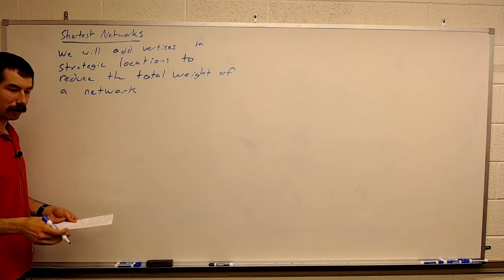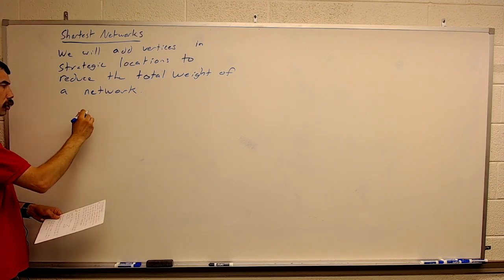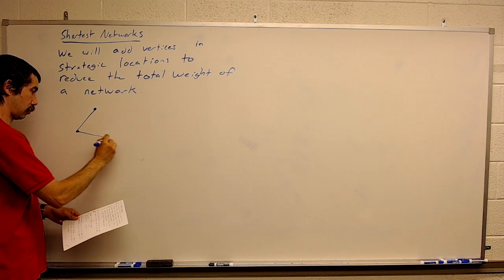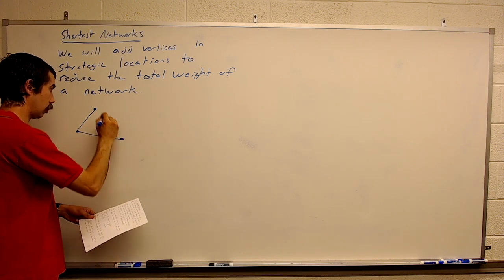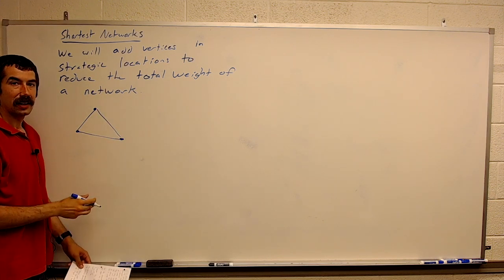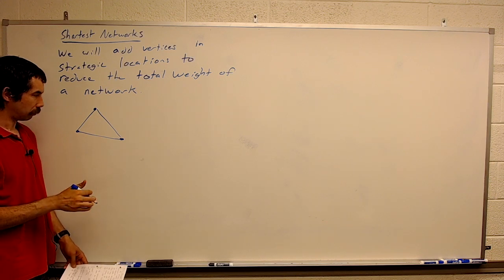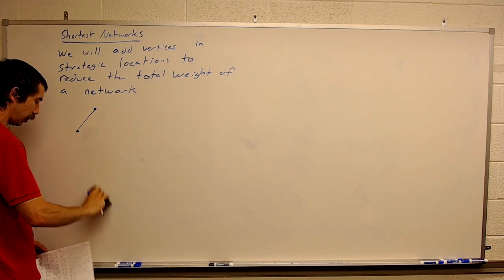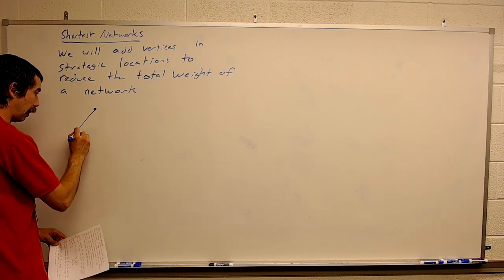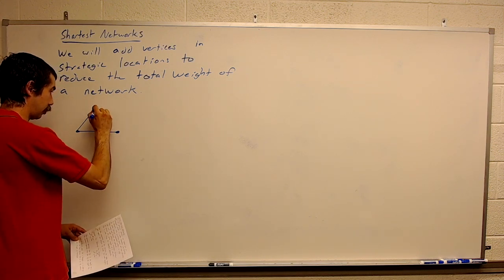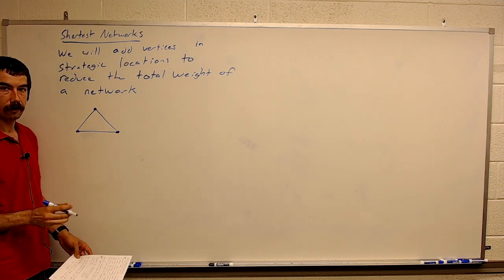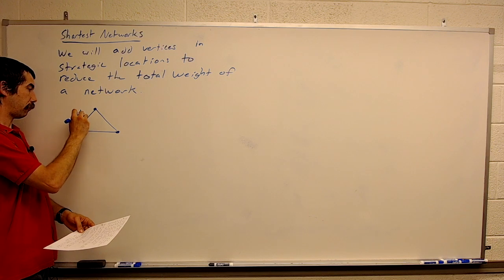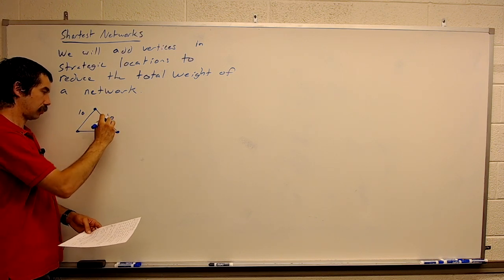Let me give you an example. Suppose we have an equilateral triangle. In today's video, I'm going to try my best to draw everything to scale, and we're going to work under the assumption that our graphs are geometrically accurate. So suppose we have an equilateral triangle of side length 10.